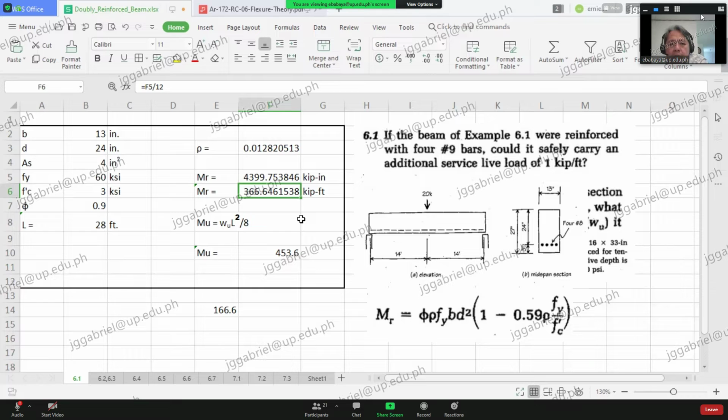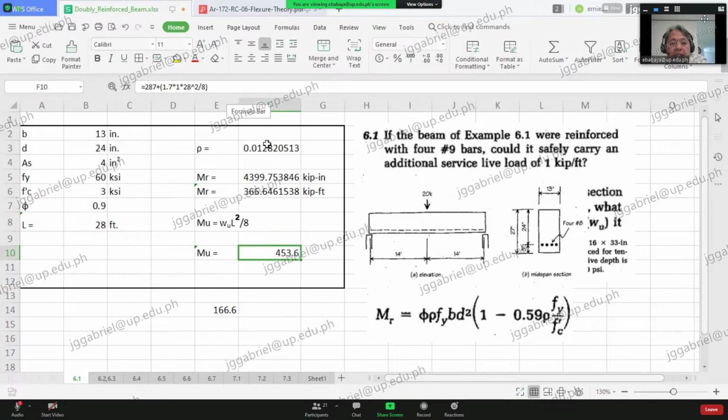Now, it is asking, could it safely carry an additional service live load of 1 kip per foot? Originally, the Mu is 287. So if it's only 287, wala kang additional na 1 kip per foot, it can carry it.